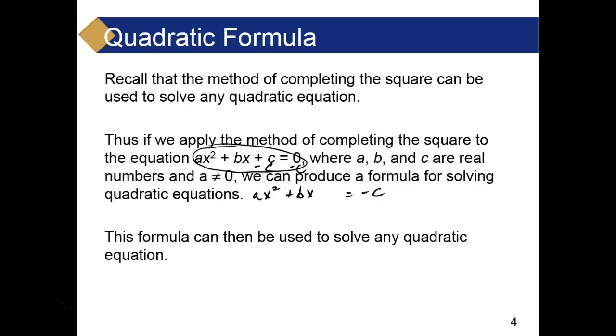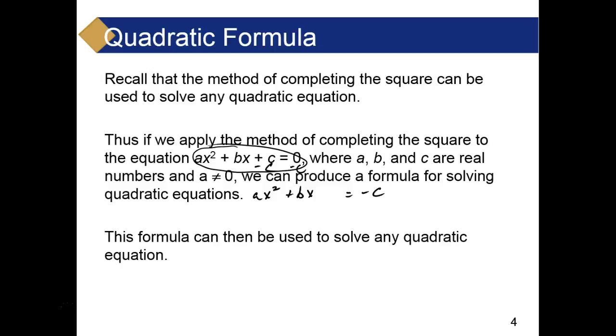Don't you like using letters? Guess what? Use them once. You'll never have to do it again, hardly. Okay. So what's our next step? Yeah, you've got to get rid of the a, don't you? You want that coefficient to be 1. How do we do that? Divide.